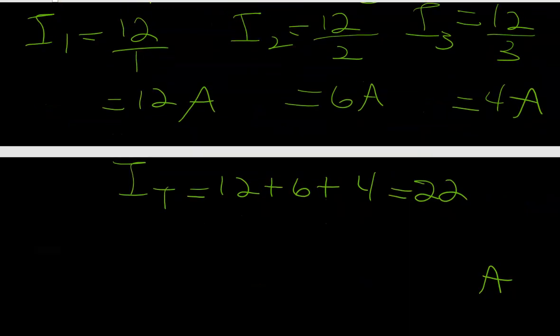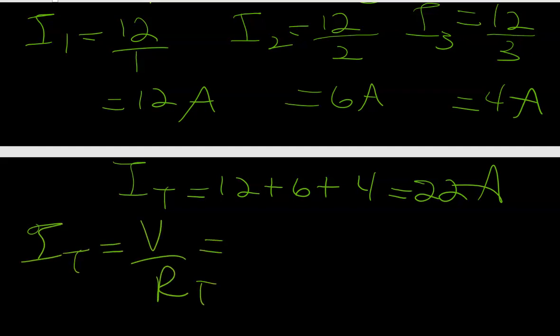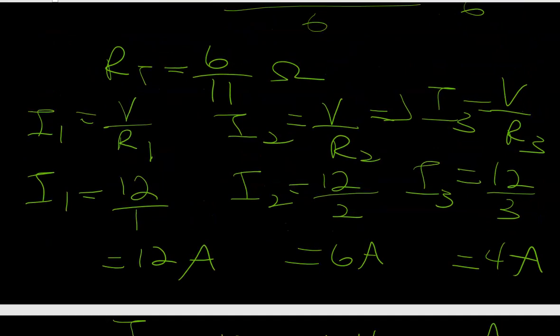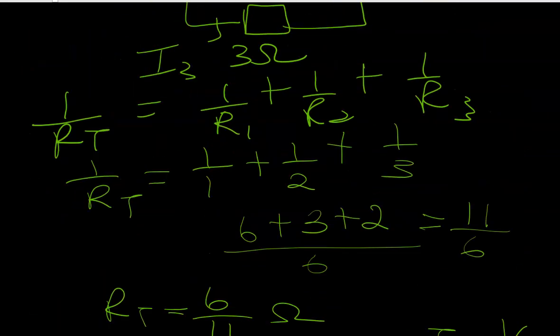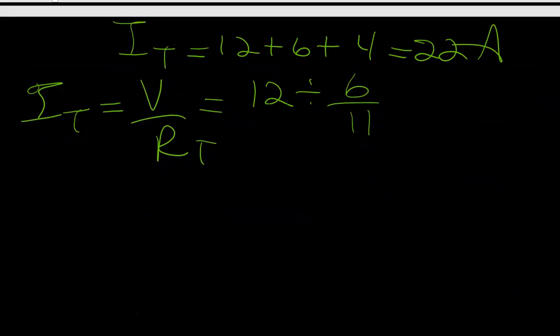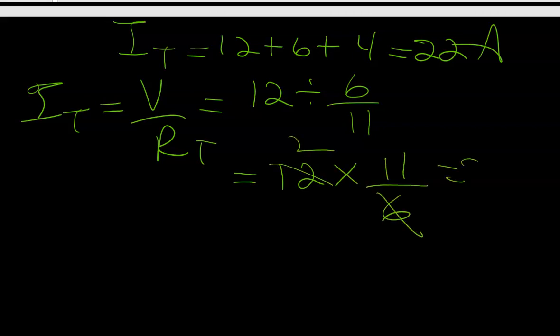Alternatively, I can get the total current by saying the total voltage over the total resistance. That was 12 divided by 6 over 11, so that's 12 multiplied by 11 over 6, which gives me 22 amps.